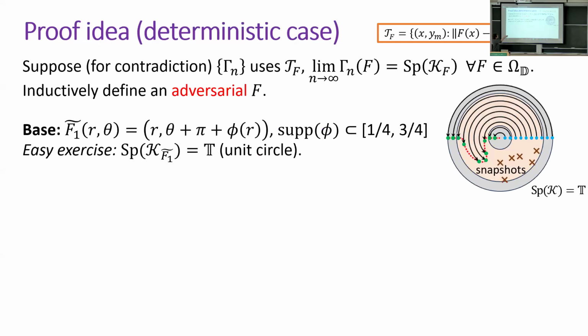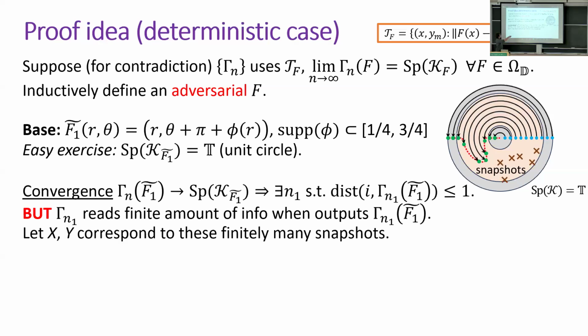I've got a bump function here. So this is the dynamical system: you rotate by pi, and then if you're inside radial coordinates here, you have this bump function. You can show that the spectrum of the associated Koopman operator is the entire unit circle, using separation of variables, for example.